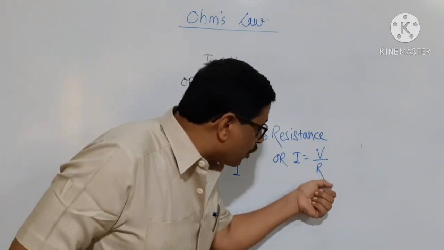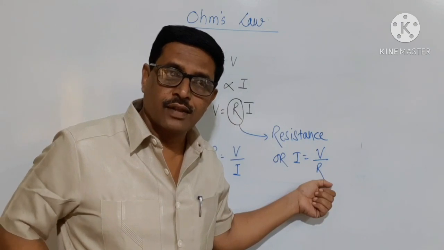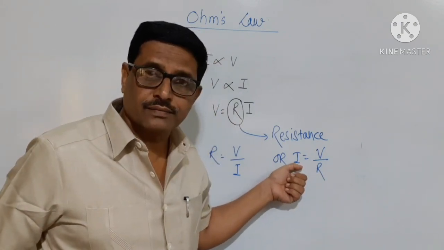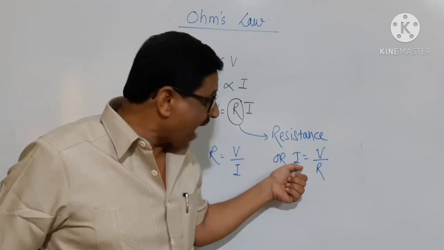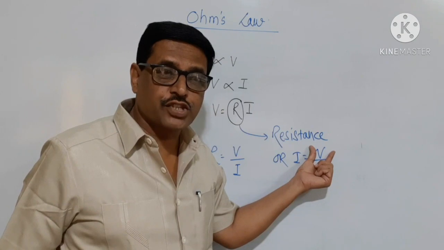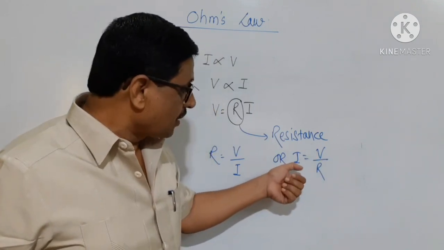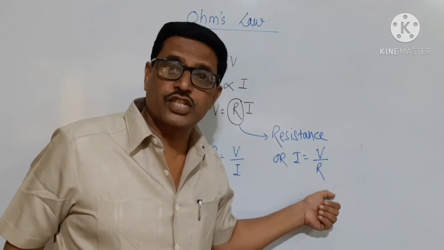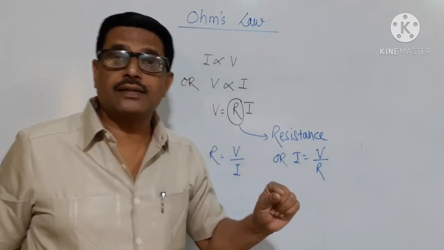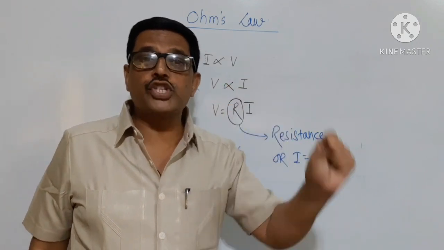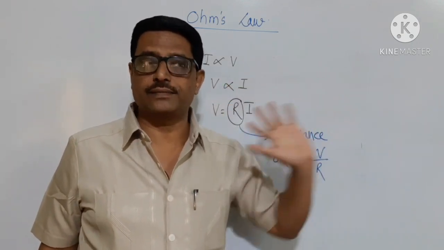The more the value of resistance, the smaller will be the current flowing through the conductor. As far as the potential difference across the ends of the conductor remains the same, this current is inversely proportional to the resistance. It proves that resistance is nothing but the opposition to the flow of current.